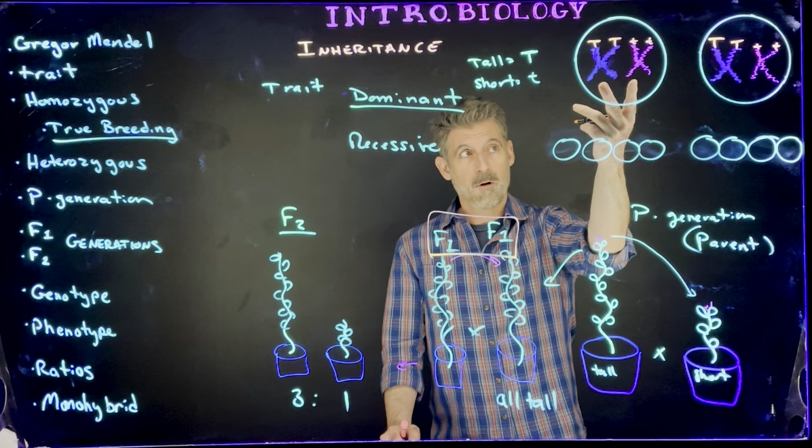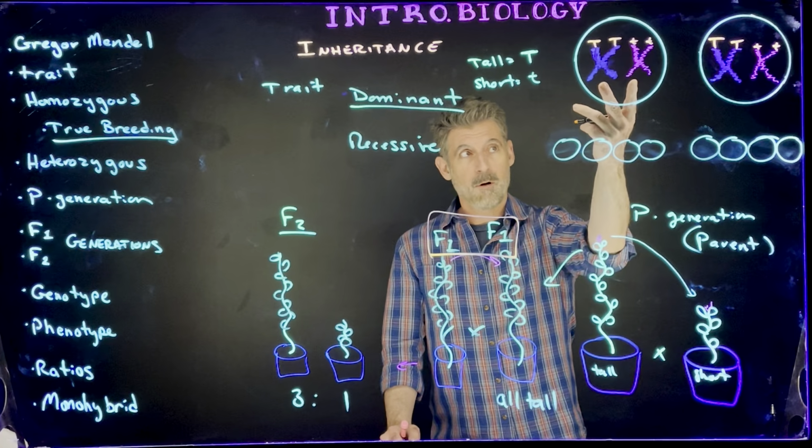He called it elementum, the elementum of a particular trait or characteristic that was inherited or passed on. He didn't know what it was or where it actually came from. That wasn't until years later that people figured those things out. Yet he still figured out the patterns, and we can replicate them. Today, many, many people have done this many, many times to show that yes, in fact, this is how things work. And it helps us understand inheritance in organisms.